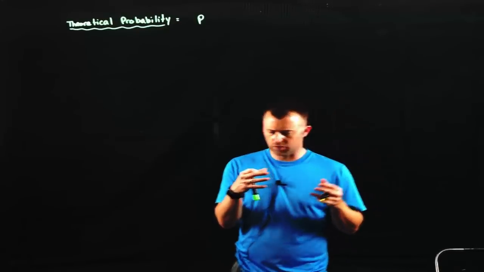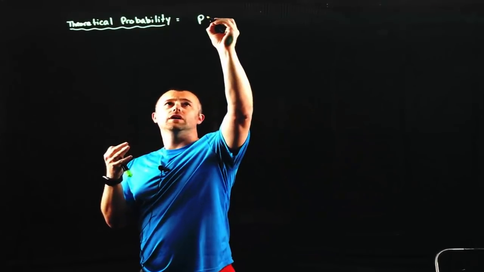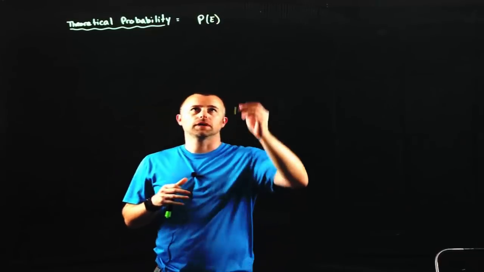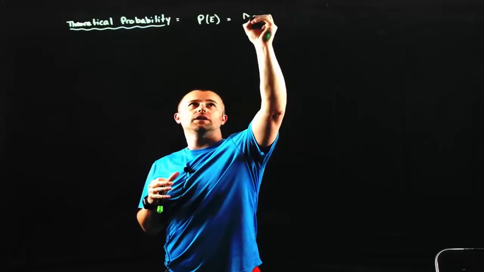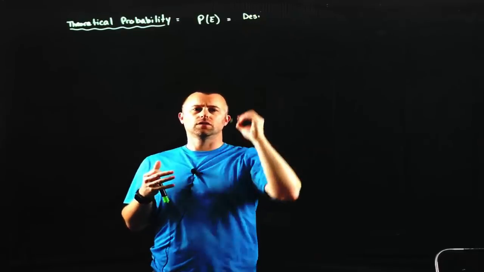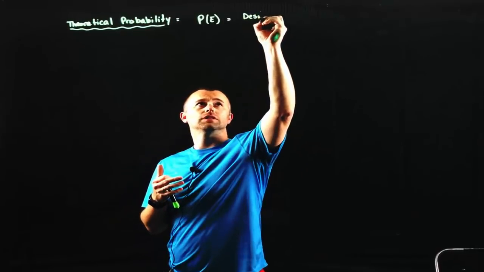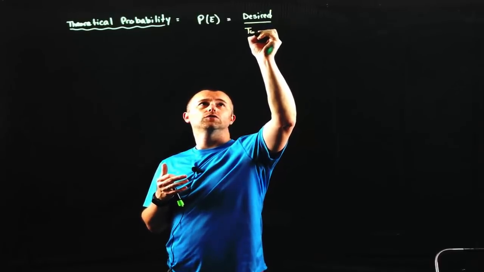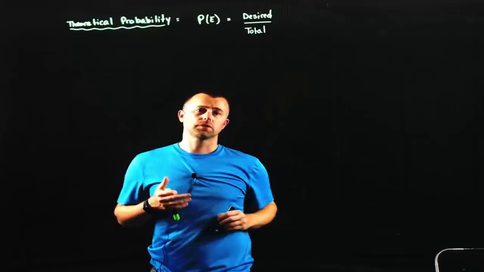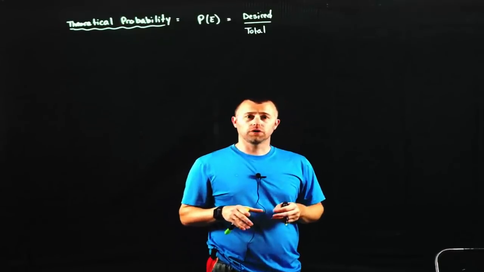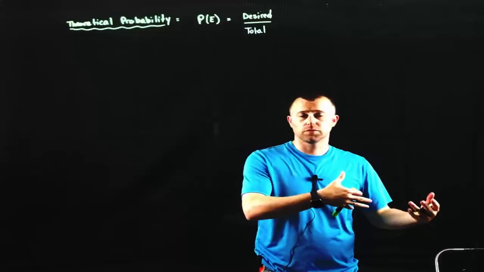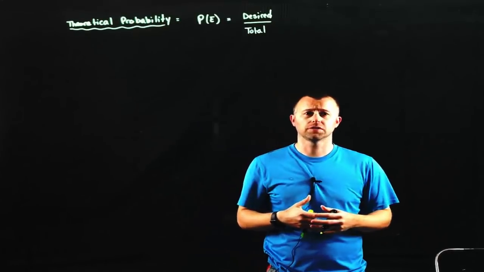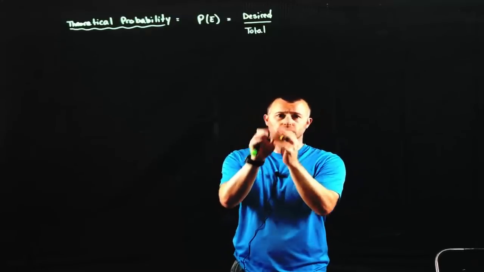So what you do is you have the probability of an event, P of E, and it's equal to desired outcomes divided by total possible outcomes. I mentioned this in the first video I did. For the total possible, we're going to use our counting principle, combinations, possibly permutations, to help find that total.